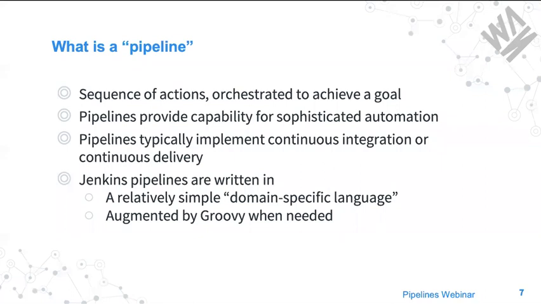But we have the capability of augmenting that with Groovy when it's needed. Now, Groovy is a very rich, capable language. I would describe Groovy as what Java would be if somebody had written it now instead of 30 years ago. And Groovy gives us the ability to extend what we can do with the simple domain-specific language, to give us the expressive power and the ability to write very sophisticated pipelines.